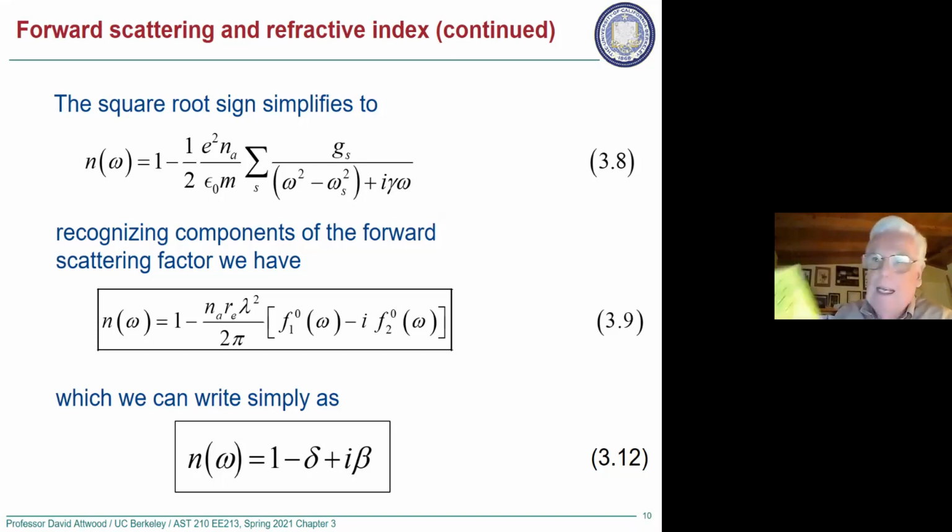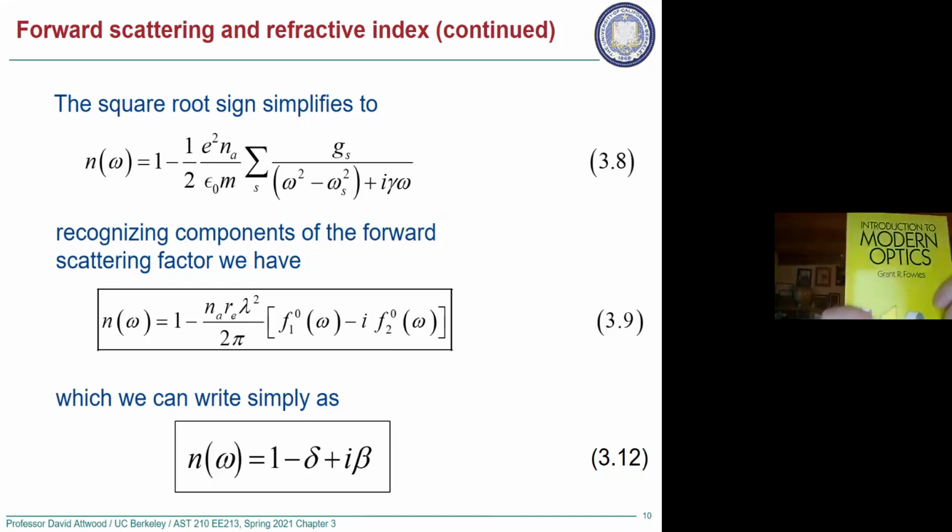Another one is a book from the Dover series, by Grant Fowles. And it's one of my favorite books. It describes things in a different way, Maxwell's equations and propagation. It speaks about the polarization and that, but still it's the same kind of analysis.